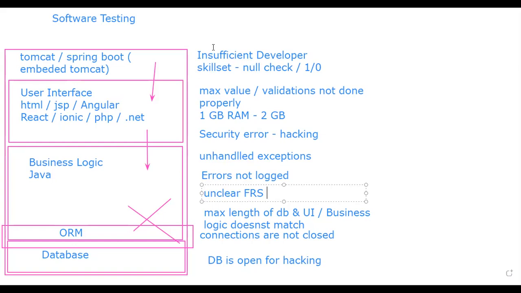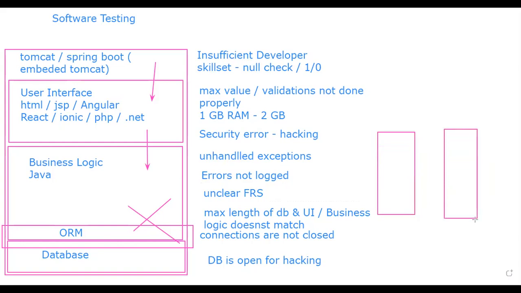There is a comedy way of telling this. Let us say this is a road and this is a road. A customer wants to build a bridge like this. So what happens?